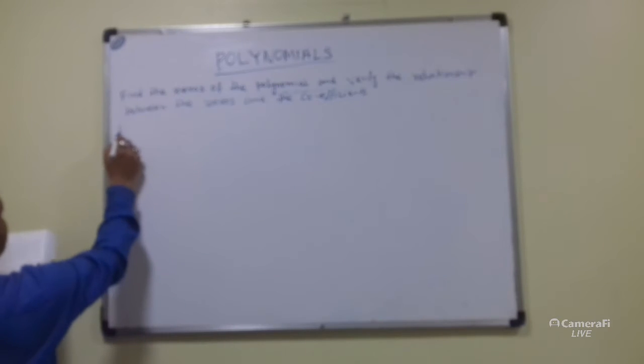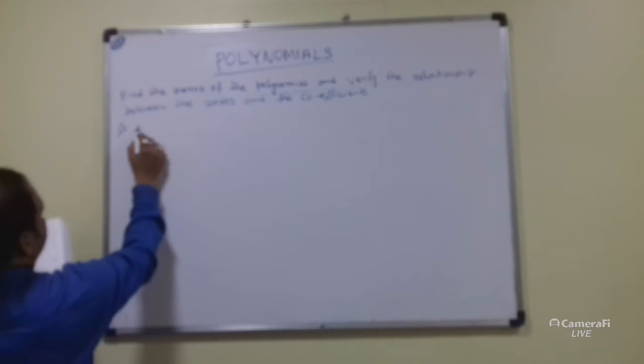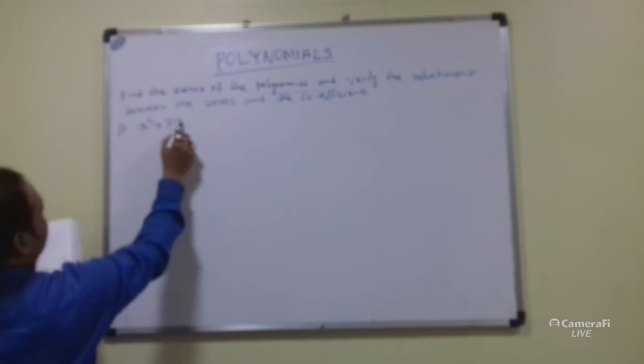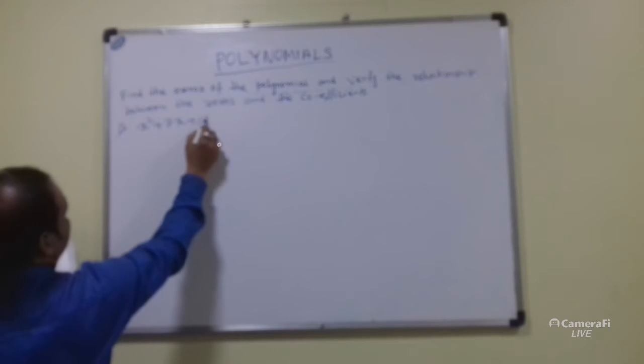The first problem is x square plus 7x plus 12.